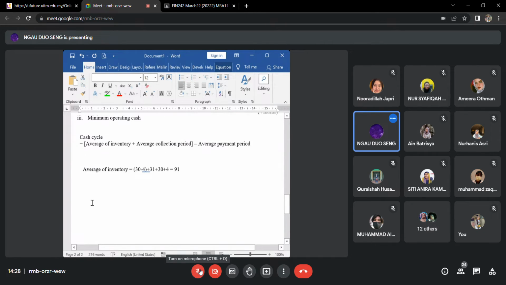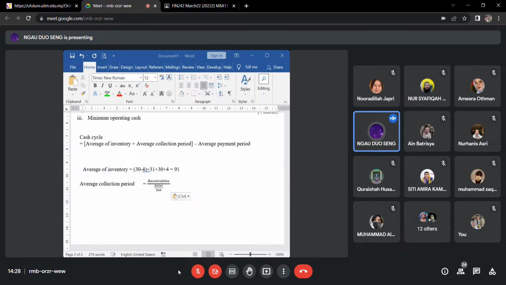Then you put in the figures, which is 15,000 divide by 120,000 times 0.6, times 360. How much do you get? 75 days.